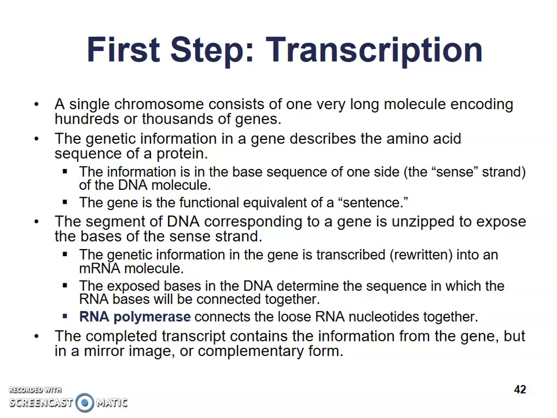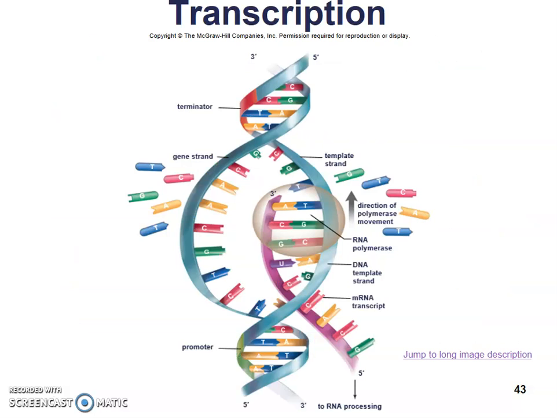The exposed bases in the DNA determine the sequence in which the RNA bases will be connected together. An enzyme called RNA polymerase connects the loose RNA nucleotides that are floating around the nucleus together to make that RNA molecule. The completed transcript contains the information from the gene, but it's a mirror image of it, or a complement to it. So here we have a diagram of the process.